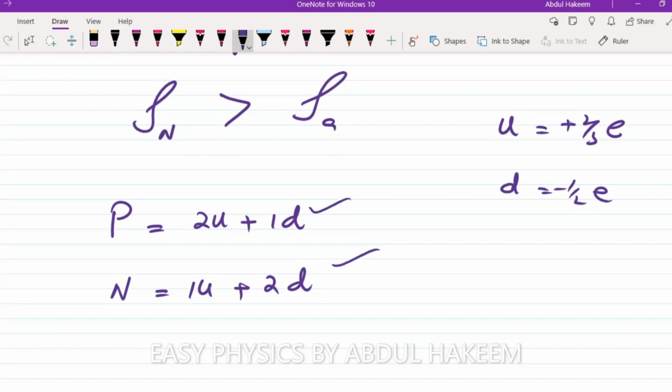Leptons are considered fundamental particles because they have no further division, but hadrons are not fundamental particles because they are composed of quarks. You have to remember up, down, top, bottom, strange, like this, and anti-quarks, anti-up, anti-down, all quarks.